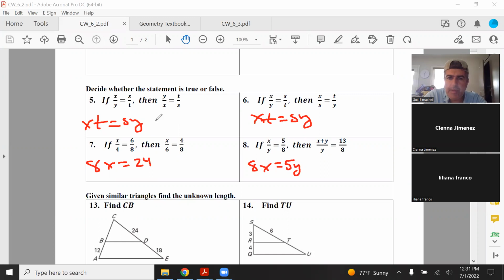Okay, so I cross multiplied each of these. Then I could move this x over here and that s over here. So I would get t over s equals y over x. So that's definitely true.